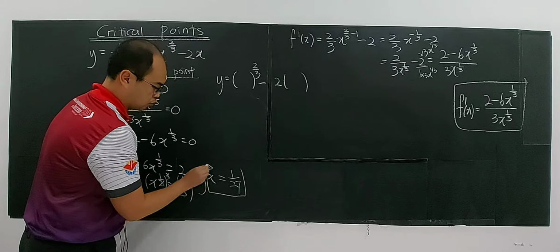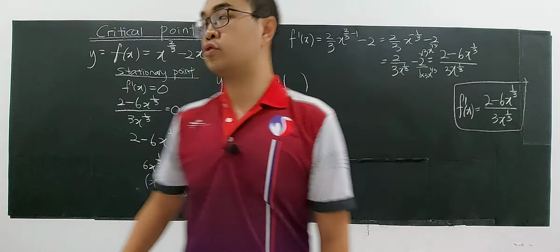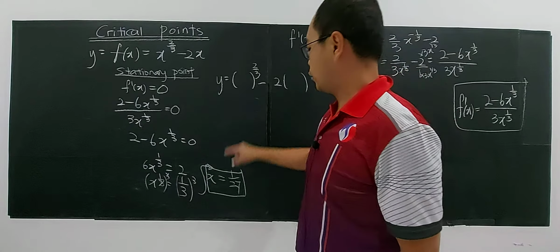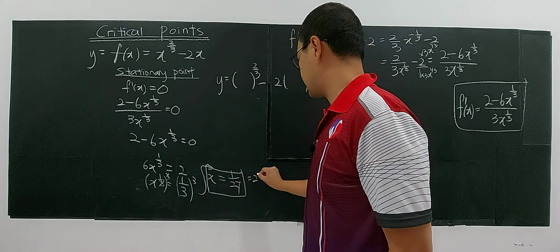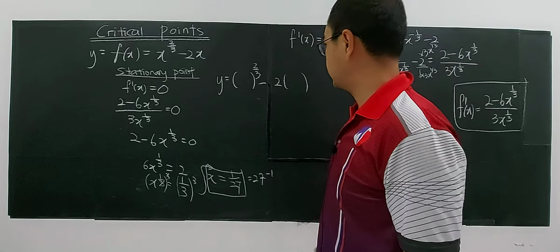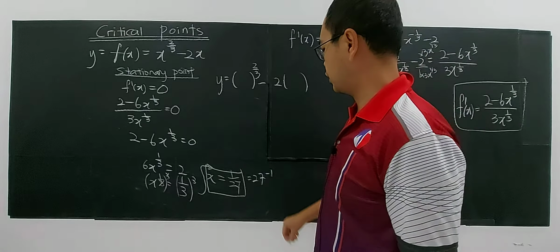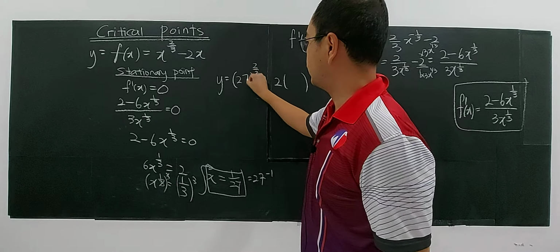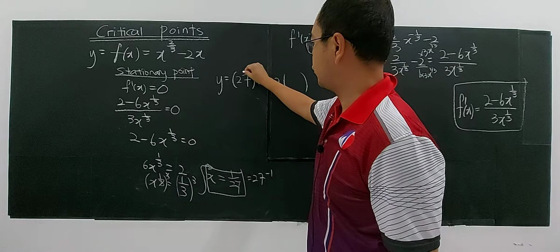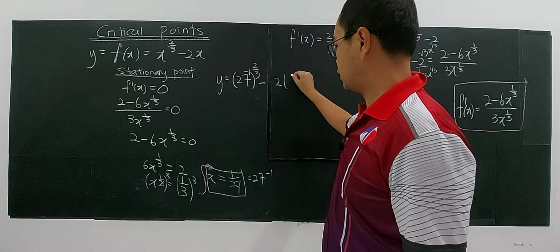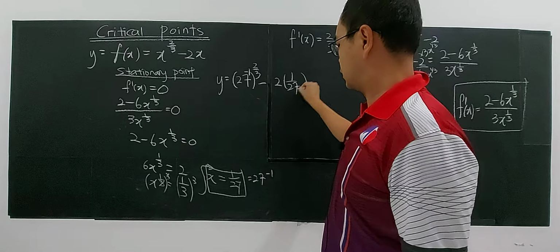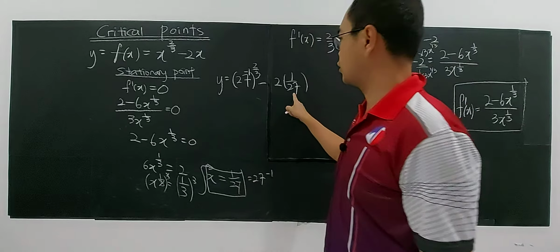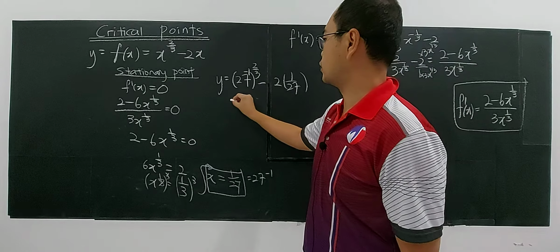So 1 over 27 is 27 to the power of negative 1. It's the same; I'm using 1 over 27 for this. And for this one, I need to evaluate.